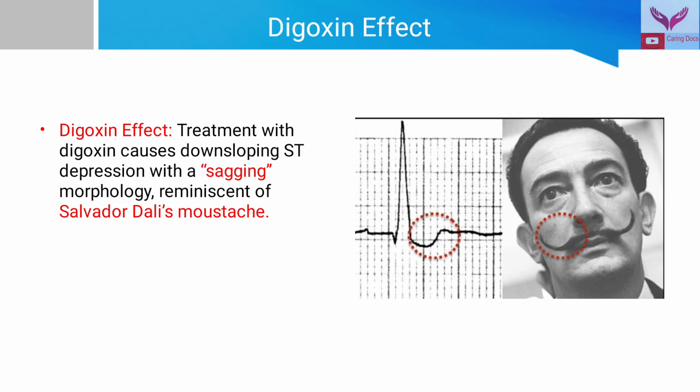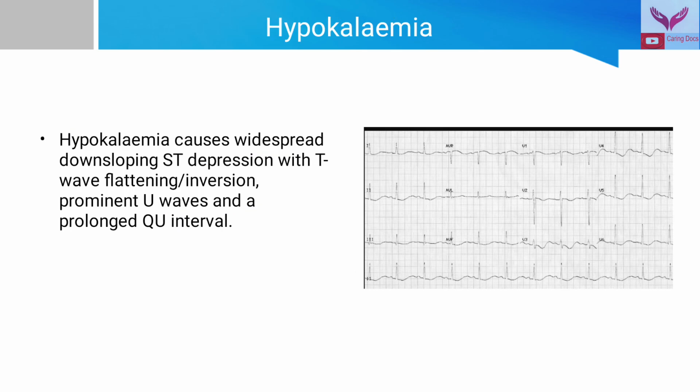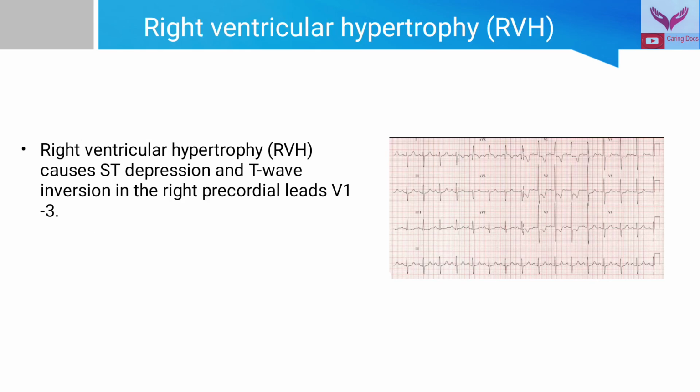The digoxin effect. Patients receiving digoxin as a treatment may show downsloping ST depression with a sagging morphology, which is reminiscent of Salvador Dali's moustache. Patients with hypokalemia may show widespread downsloping ST depression with T wave flattening or inversion, prominent U waves, and a prolonged QU interval.